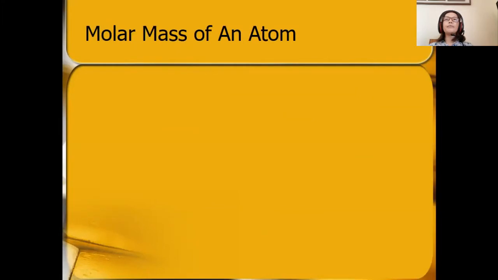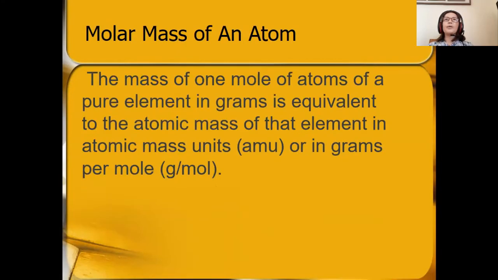So in getting the molar mass, for an atom, the mass per mole is simply equivalent to the atomic mass of that element in atomic mass unit or in grams per mole. So meaning to say, for every 1 mole of the element, its mass or molar mass will be equivalent to its atomic mass.